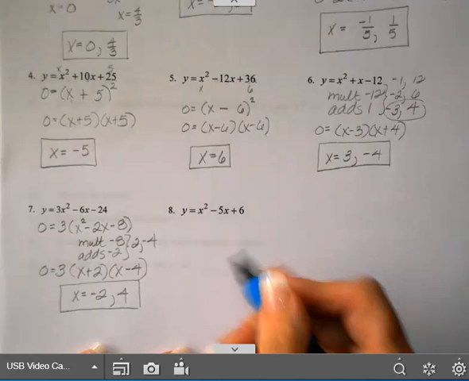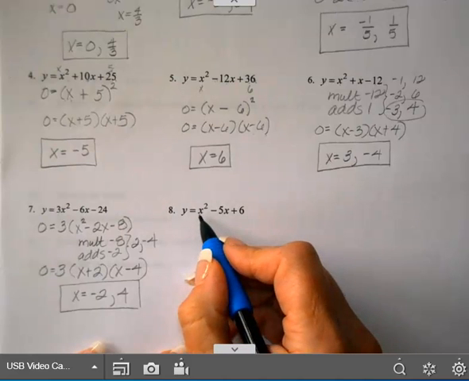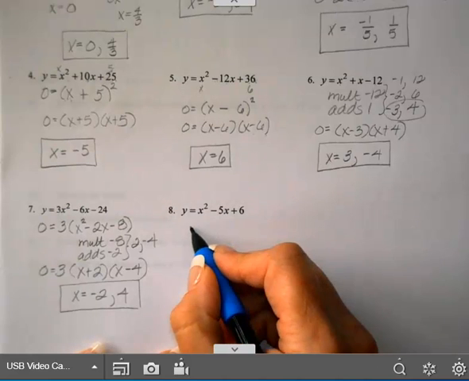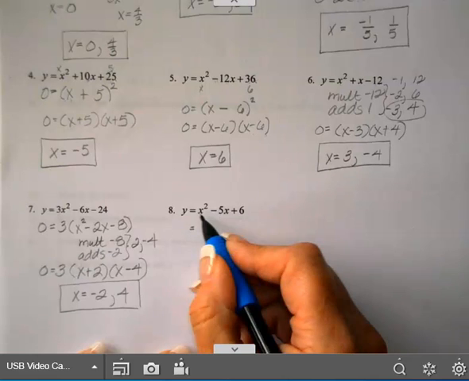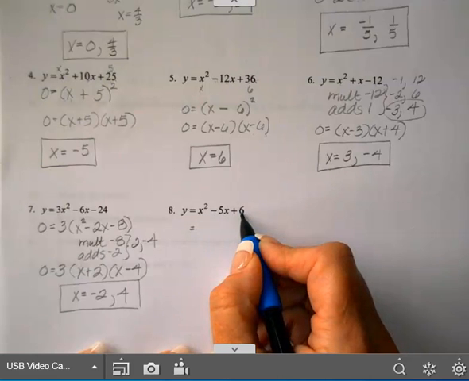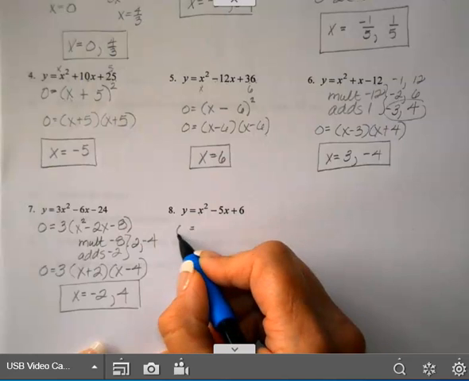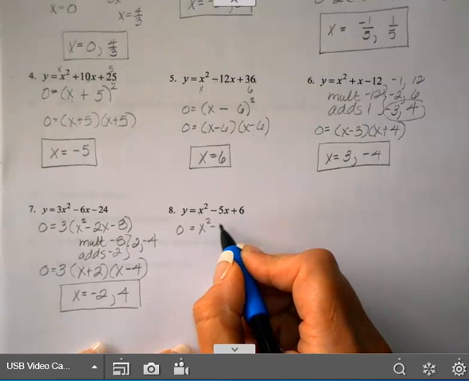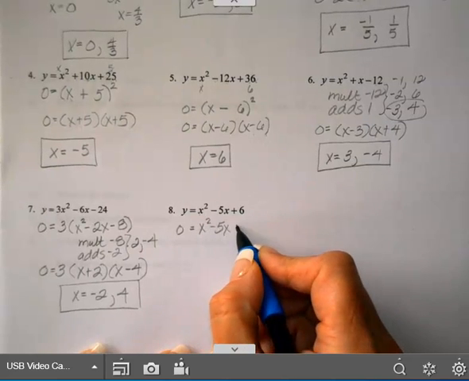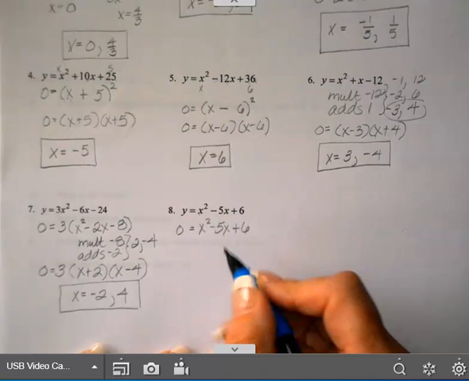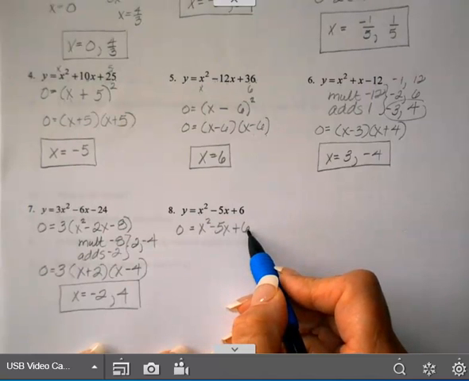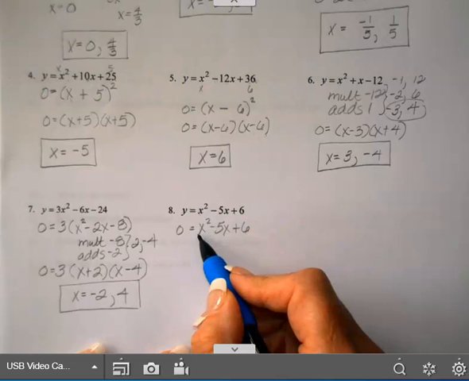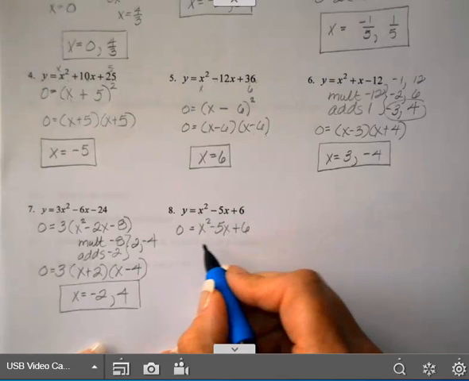On the next one, number 8, does not have a greatest common factor. This is a square, but 6 is not. So I'm going to set y equal to 0. There are 3 terms. I already tried to see if that's a square, and it wasn't, so I'm going to move on. The leading coefficient is 1, so that's nice.